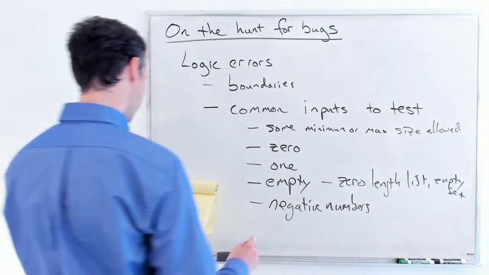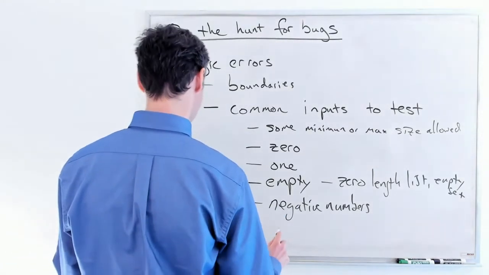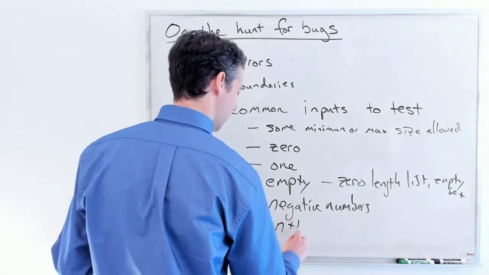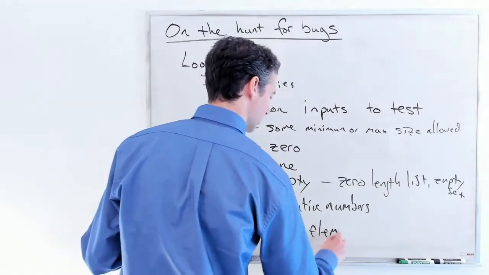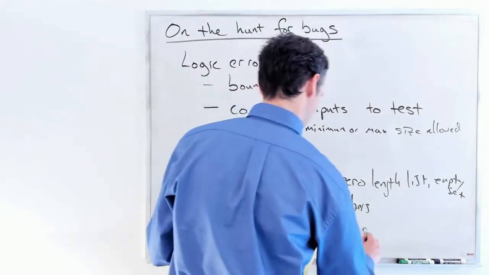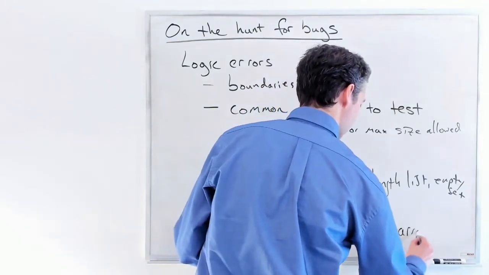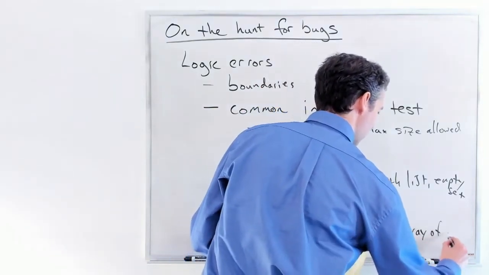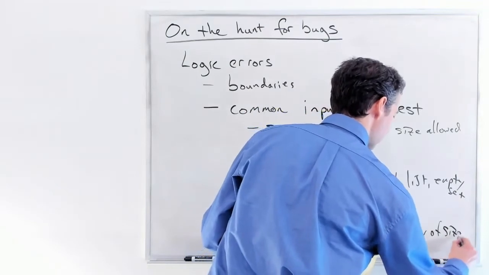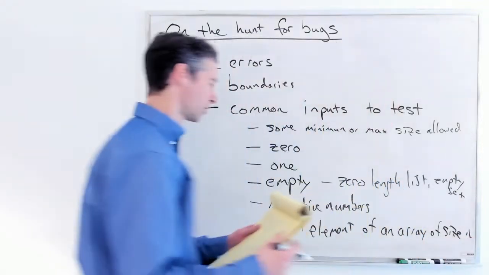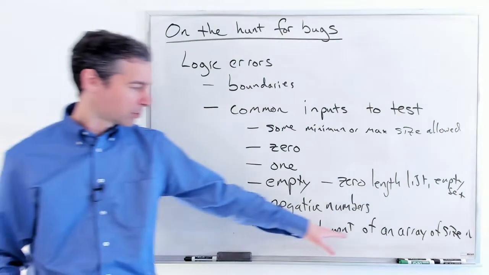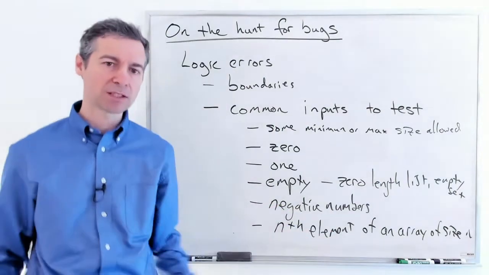Likewise, we often have mistakes at the nth element of an array or list of size n. We screw up. We do things wrong at the ends of lists.